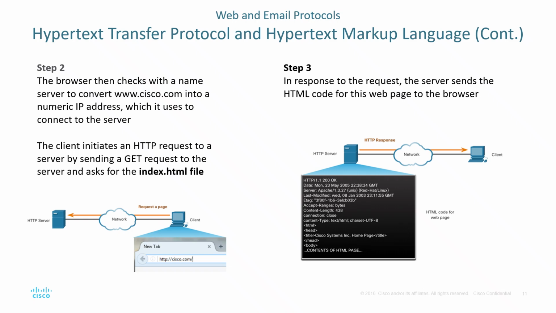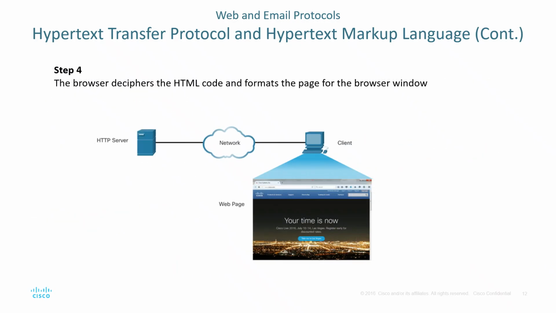Step 3, in response to that request, your server will send the HTML code for the web page to the browser. And then step 4, the browser will decipher the HTML code and format the page for the browser window.